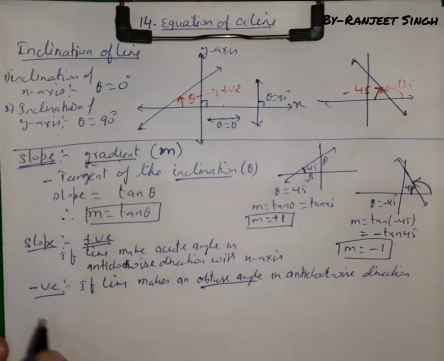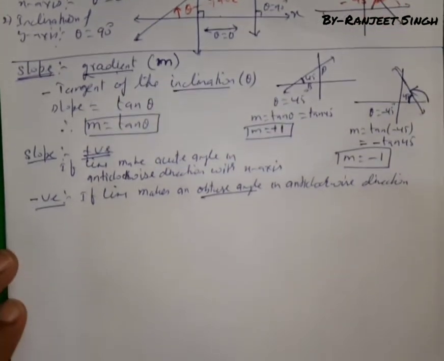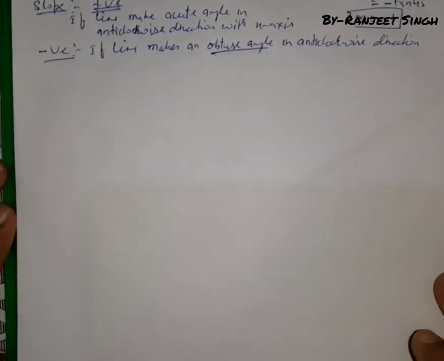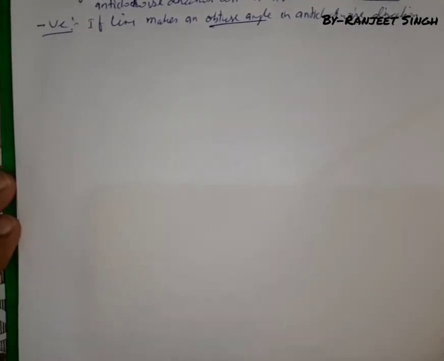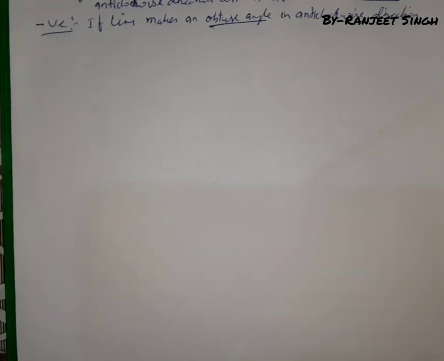Now in our Cartesian system, we have some line, and any point on the line is represented by abscissa and its ordinate, means it will have two values always, one is x and one is y.